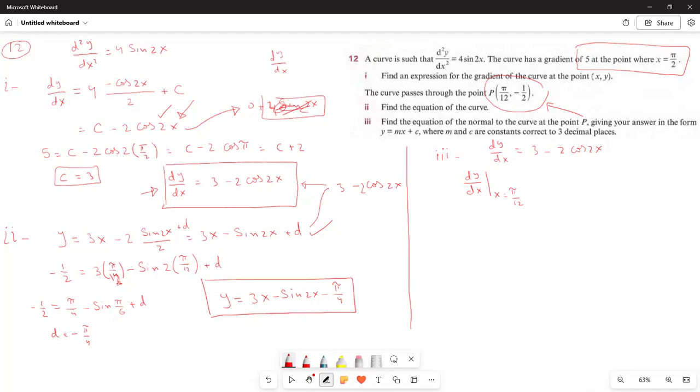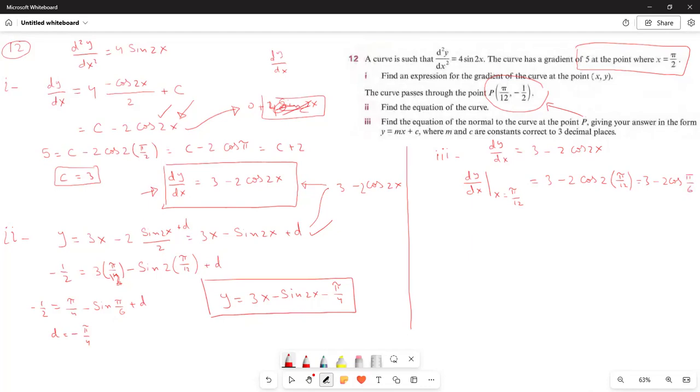So dy by dx, when x is pi by 12, is going to be 3 minus 2 times cos 2 times x, and x is pi by 12. So it will become 3 minus 2 cos pi by 6.